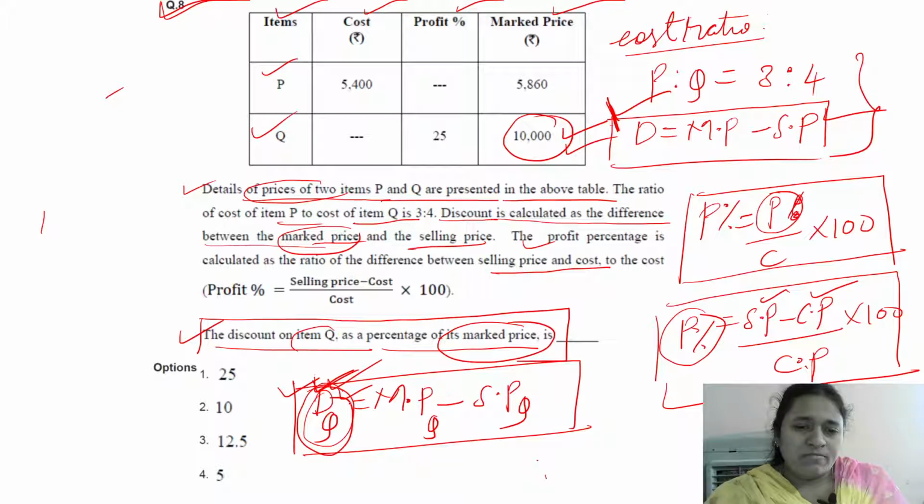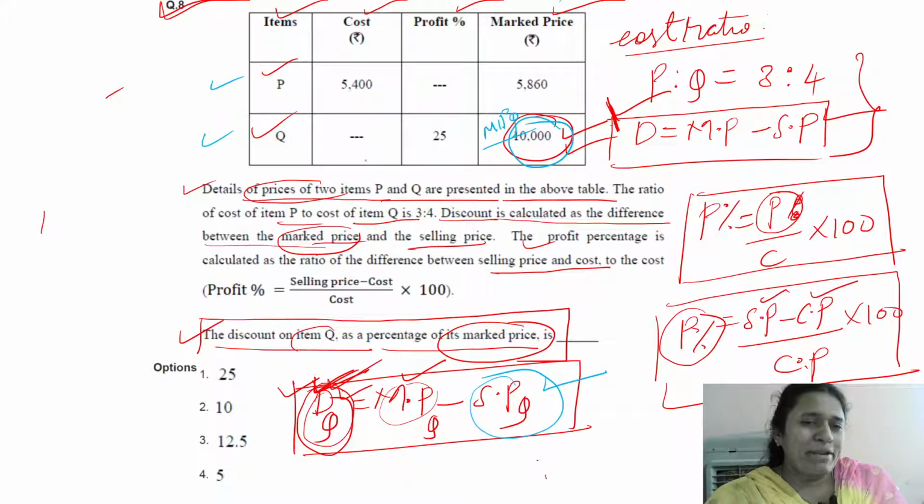But now, to find the discount of item Q, what data do we need? We need the market price of item Q. Yes, the market price of item Q is given in the question itself, right? But we don't know the selling price of item Q. First, we need to find the selling price of item Q. Before that, we will see the table.